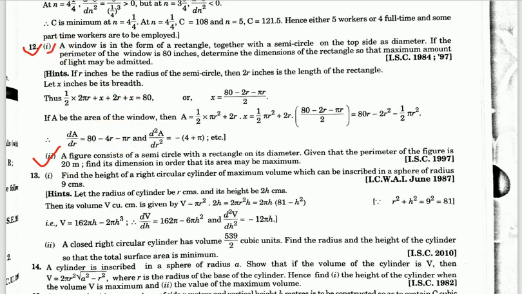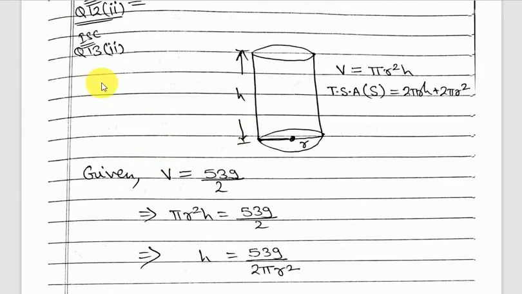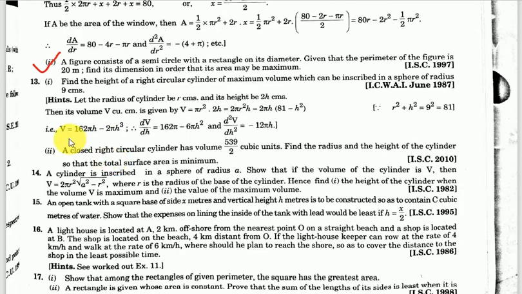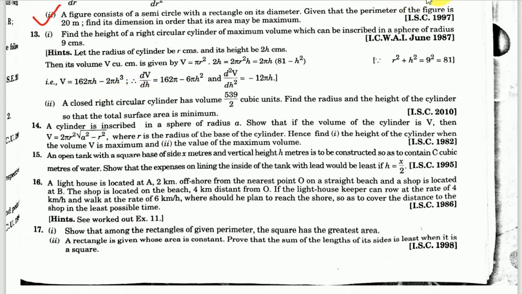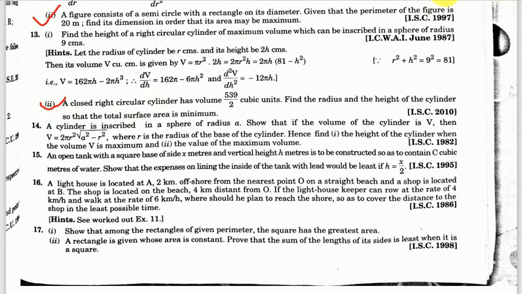Okay. The next question is question number 13.2. Here it says a closed right circular cylinder has volume 539 upon 2 cubic units.